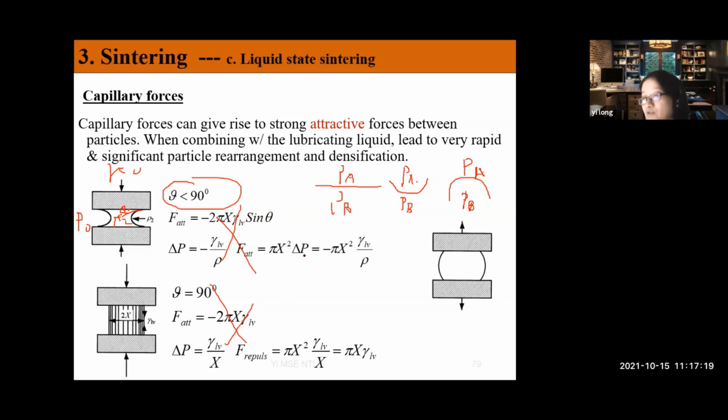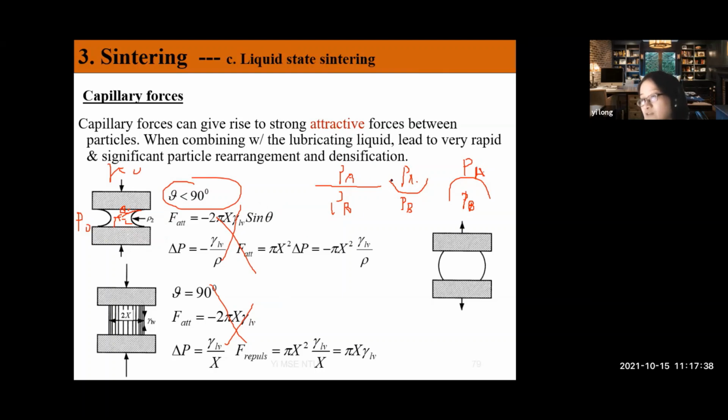If this paper is flat, there's no shape, no curvature, right? So PA and PB, the pressure up and pressure low, PA is supposed to be the same, equal. So PA is supposed to be equal to PB, right?